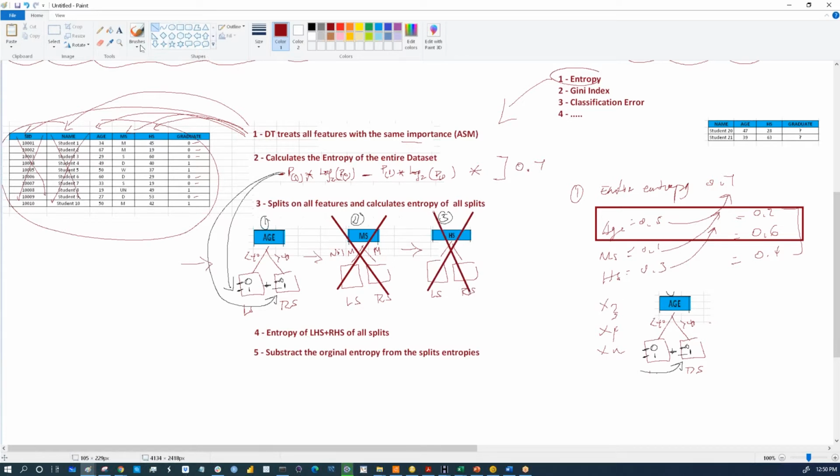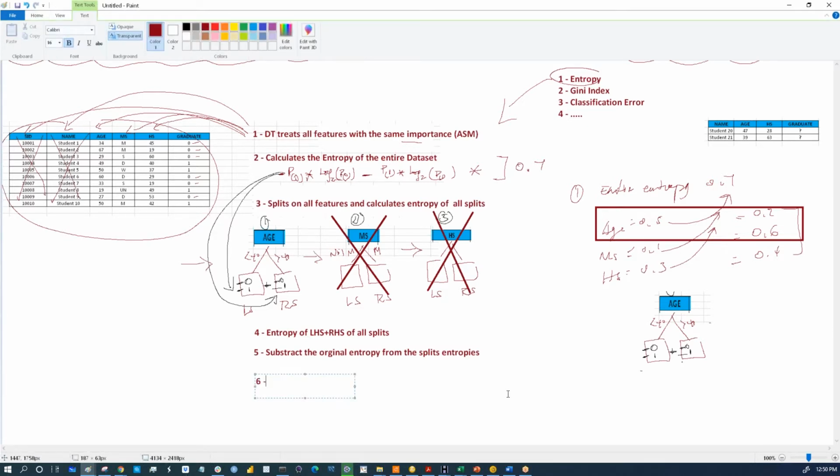So now it splits on age, and now we are going to repeat the process from 3, 4, and 5.